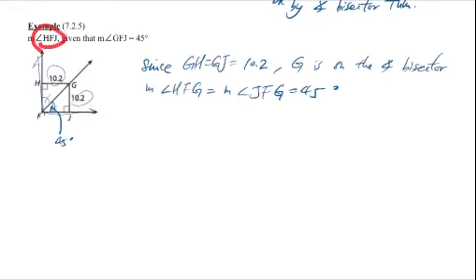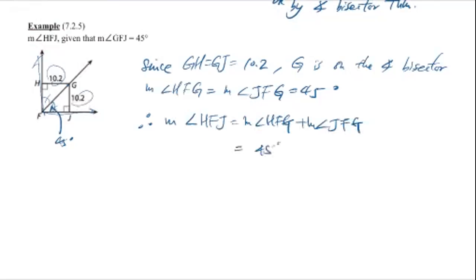But HFJ is the sum of the two, so the measure of angle HFJ is the measure of angle HFG plus the measure of angle JFG, which is 45 plus 45, which is equal to 90 degrees. And there you go.